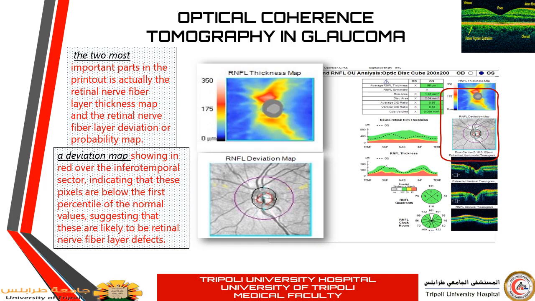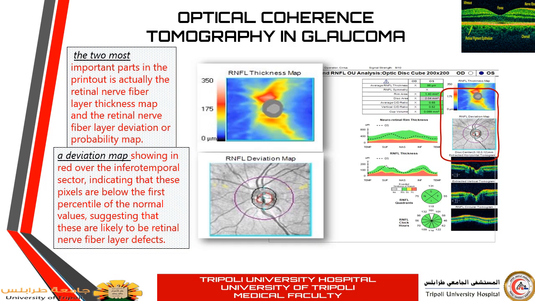For example, the deviation map shows the red area over the inferotemporal sector, indicating that the pixels are below the first percentile of the normal value, suggesting that they are most likely abnormal. This is the inferotemporal and superior temporal fibers. Inferotemporal fibers are always the most vulnerable to glaucoma.